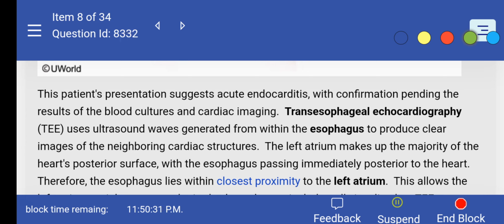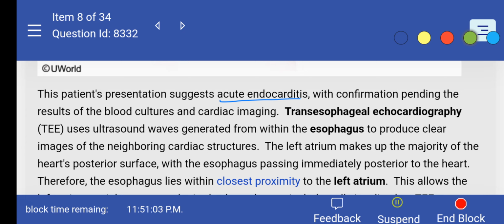This patient's presentation suggests acute endocarditis, with confirmation pending the results of the blood cultures and cardiac imaging. Transesophageal echocardiography, that is TEE, uses ultrasound waves generated from within the esophagus to produce clear images of the neighboring cardiac structures. The left atrium makes up the majority of the heart's posterior surface, with the esophagus passing immediately posterior to the heart.